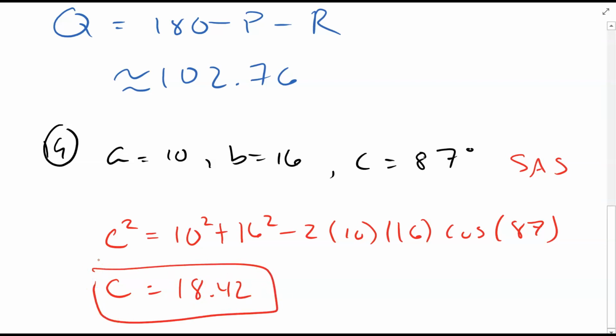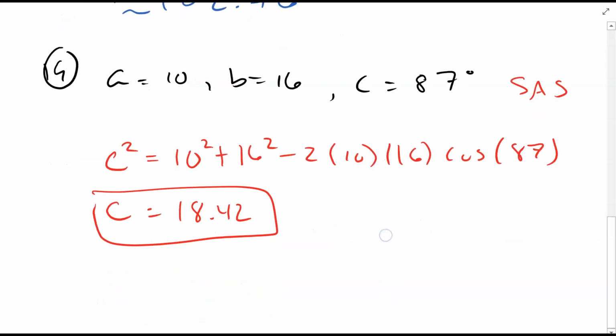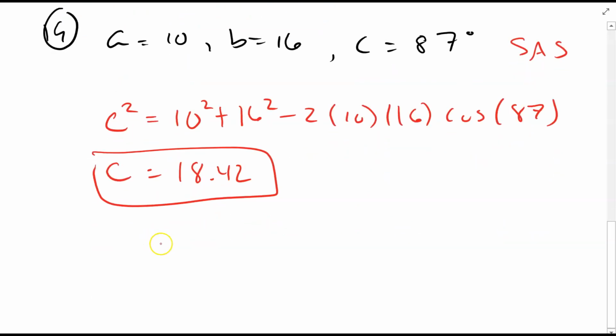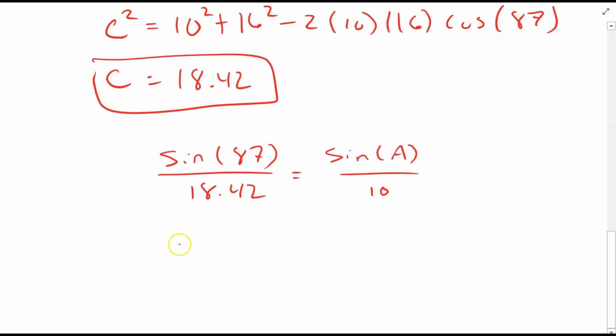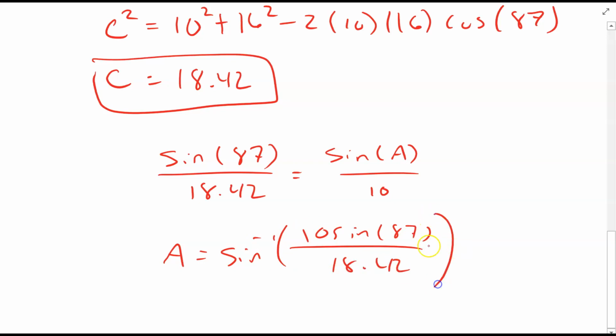And then just for something different, as Ben suggested, we could use the law of sines here instead of the law of cosines. That's fine to do also. So let's do that. Again, we want to solve for the smallest angle. So I'm going to solve for angle A here. If I cross multiply, divide, and take the sine inverse, I'd have this.